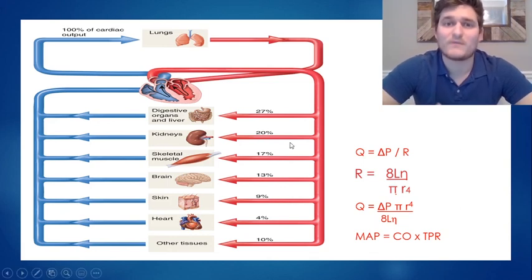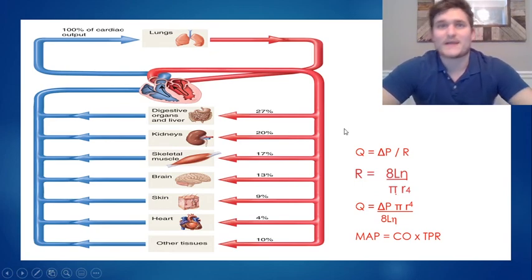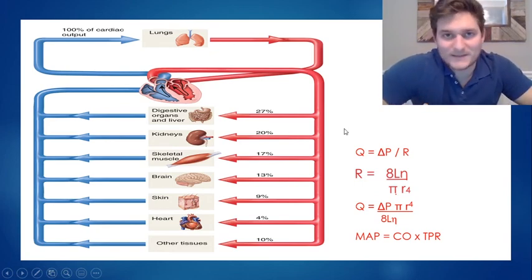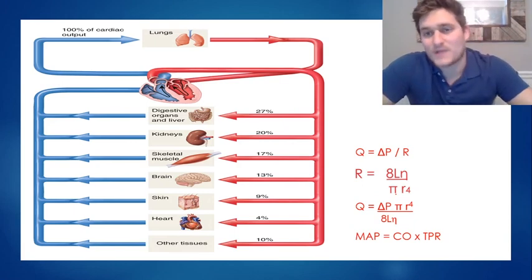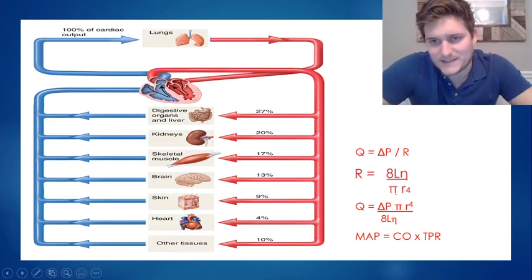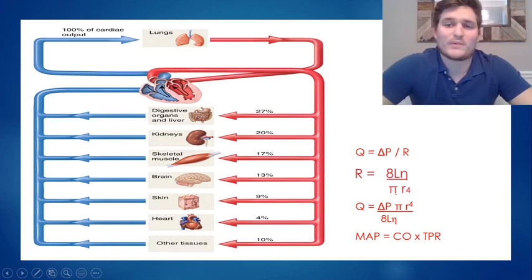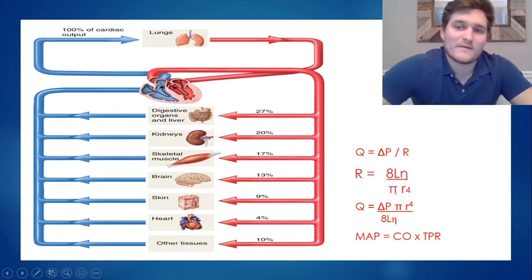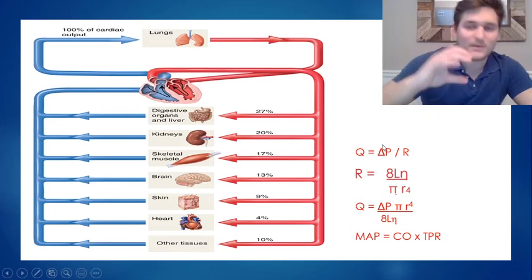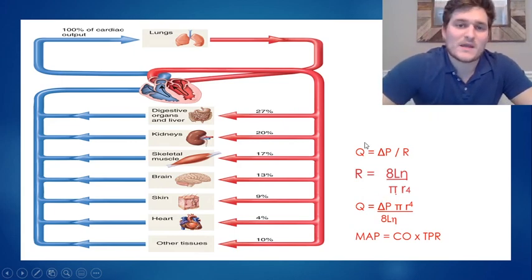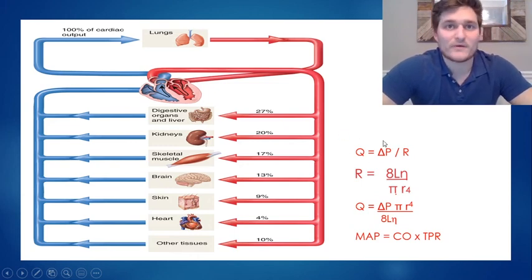In addition, vessels each are going to have resistances to blood flow. Like I said in the beginning, we're going to talk more about this in detail in later lectures, but that resistance is dictated by the size of our blood vessels, in particular the radius or diameter of those blood vessels. And so both pressures and resistances are going to dictate blood flow throughout the body.